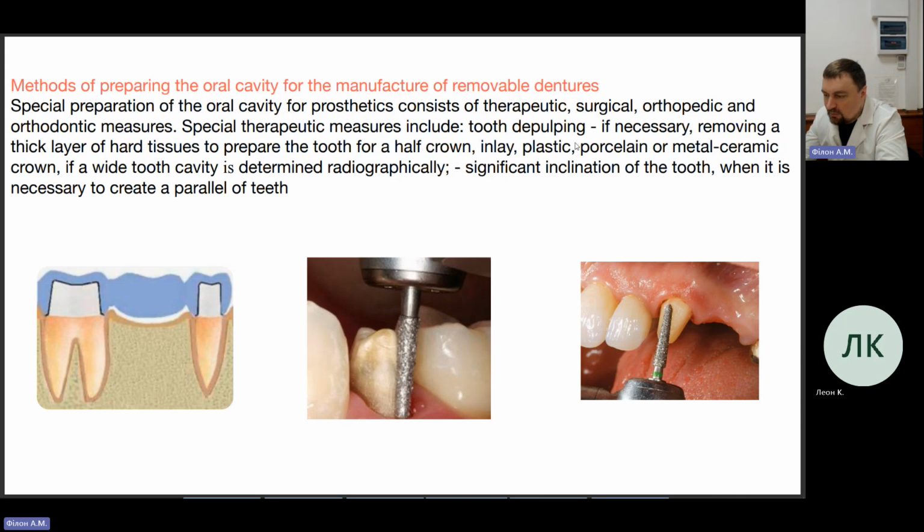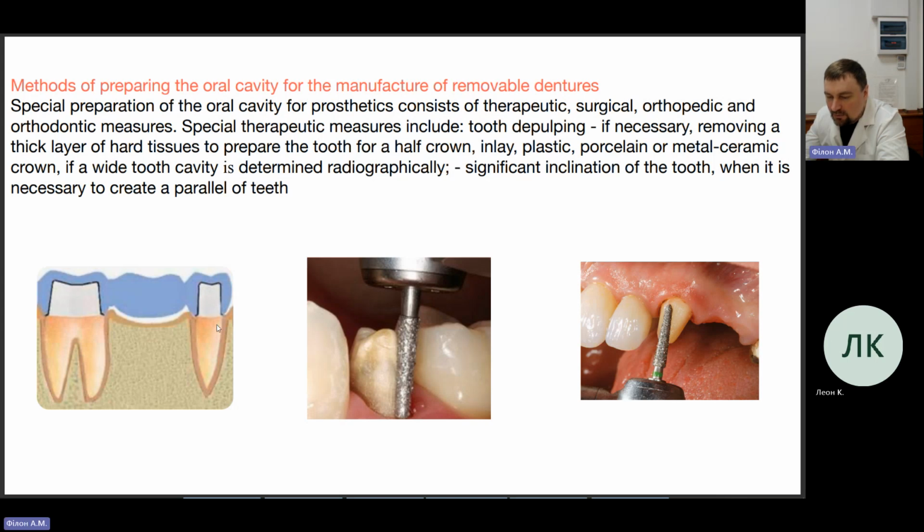But look here, to the pulping if necessary, removing and declare, and parallel. What about parallel? When it's necessary to create a parallel of the teeth. See here, this one tooth number 37 and this one number 35, absolutely parallel to each other.